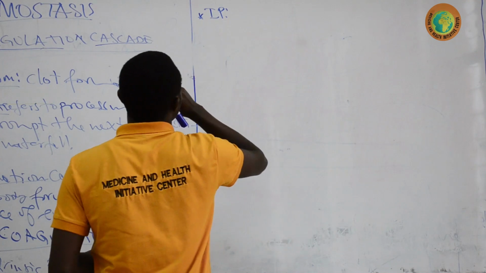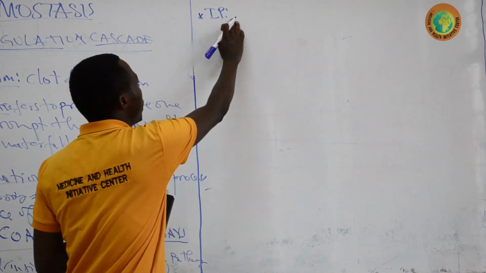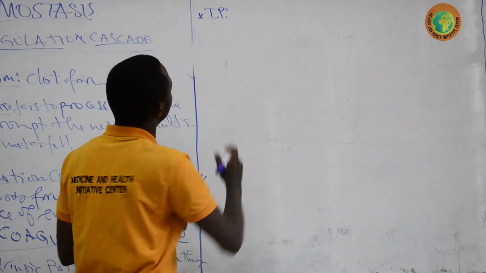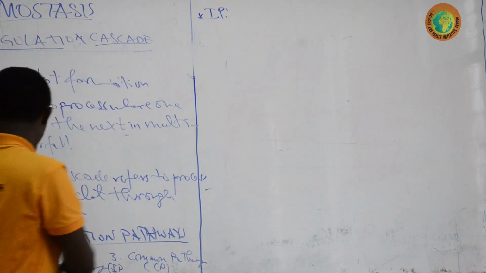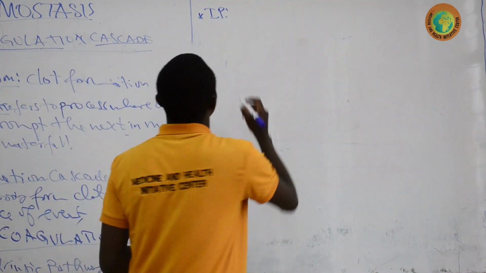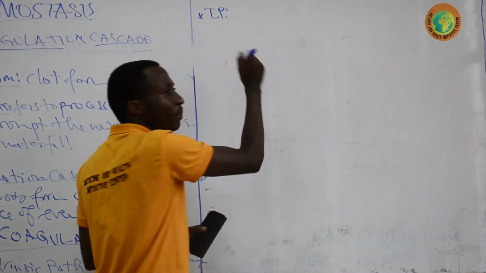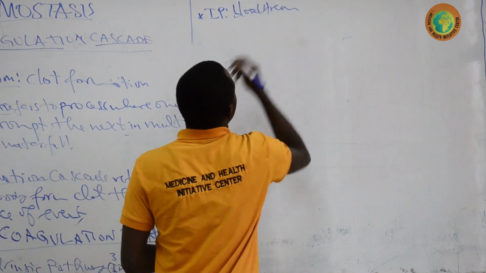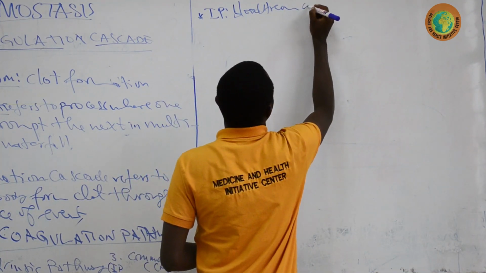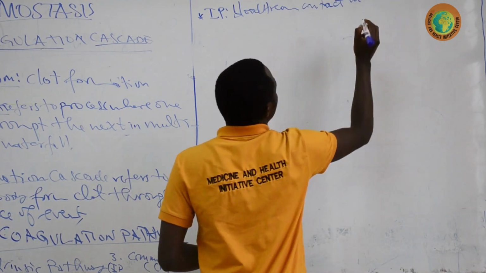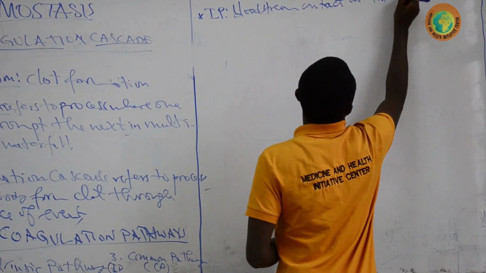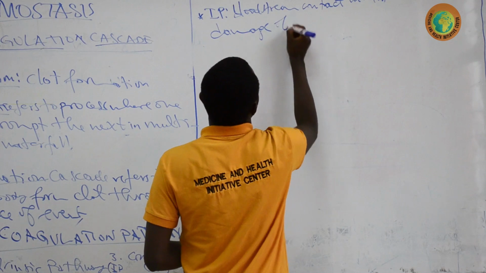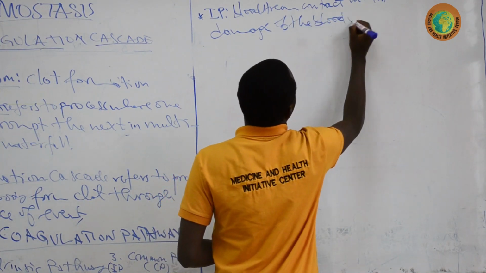The intrinsic pathway is a pathway of coagulation which is stimulated when the blood flow, or those phospholipids and serotonin, get in contact with the internal damage of the blood vessel wall.